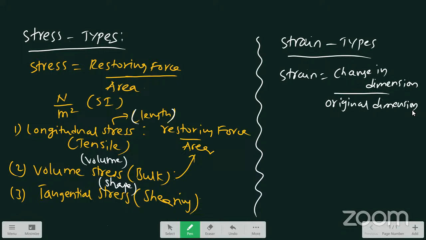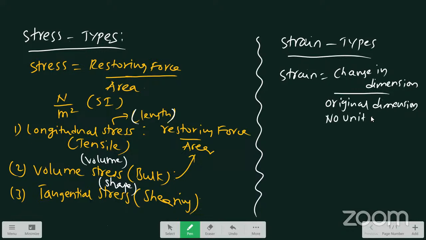Stress types, strain types. What is strain? General definition: the ratio between change in dimension with respect to original dimension. Change in dimension by original dimension. This is a ratio, no unit, because dimension upper, dimension lower, both are the same. That's why here no unit.